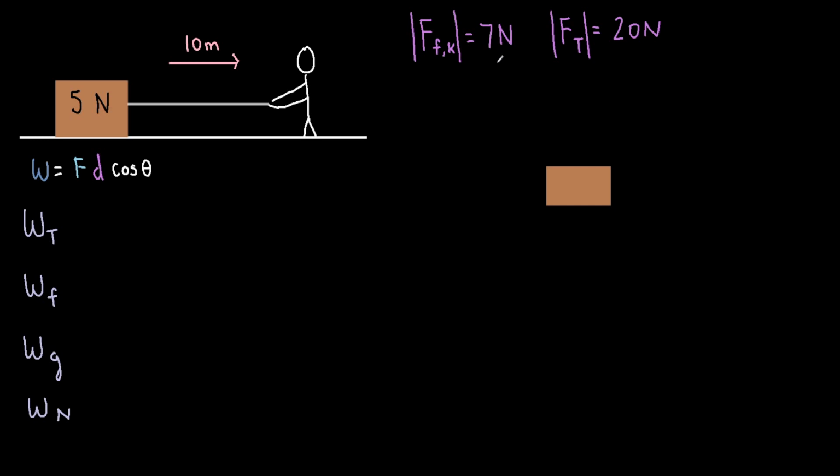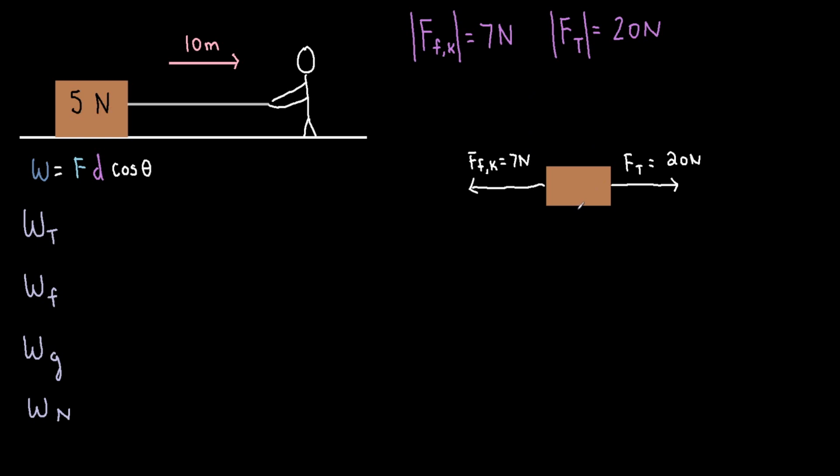So first, let's draw the free body diagram of the box. So we will have our force of tension pointed to the right, and that's going to equal 20 newtons. We will have our force of friction pointed to the left, and that's going to equal 7 newtons.